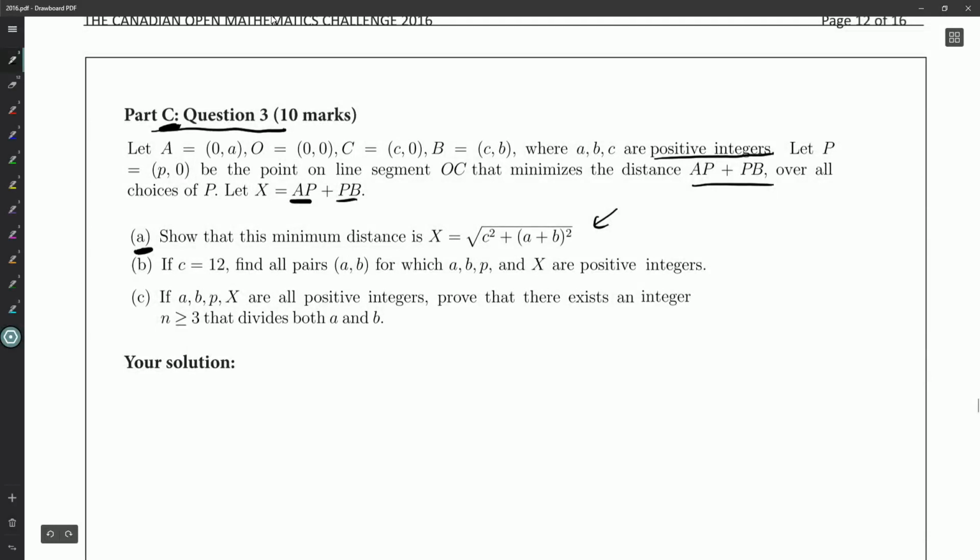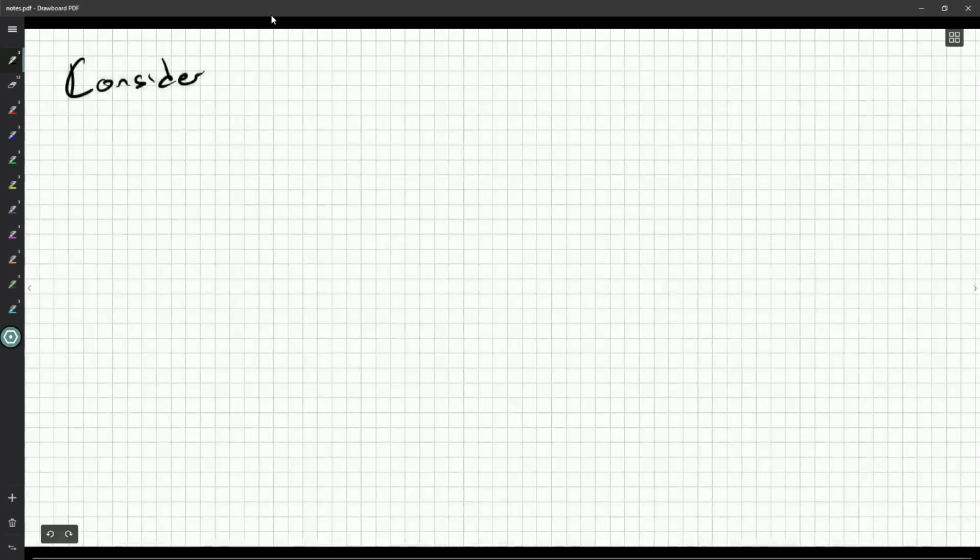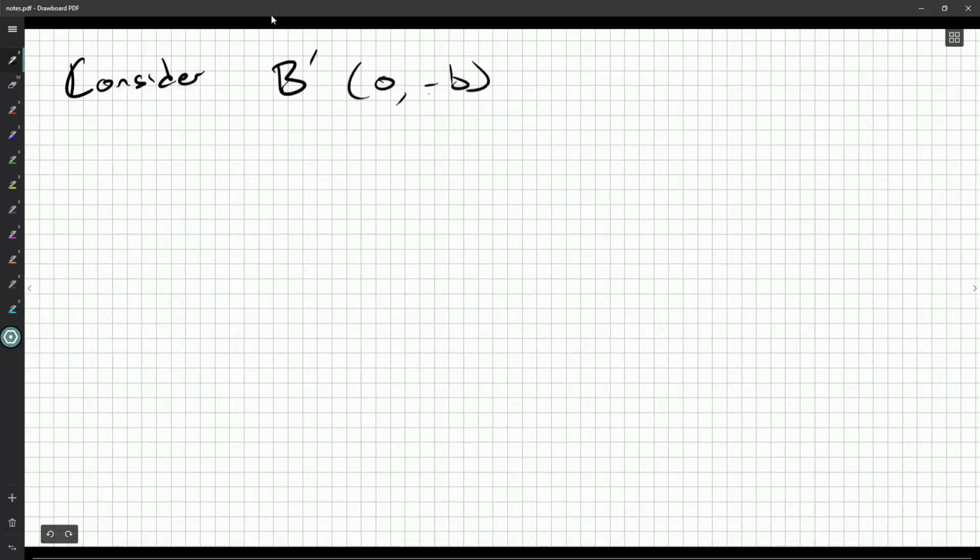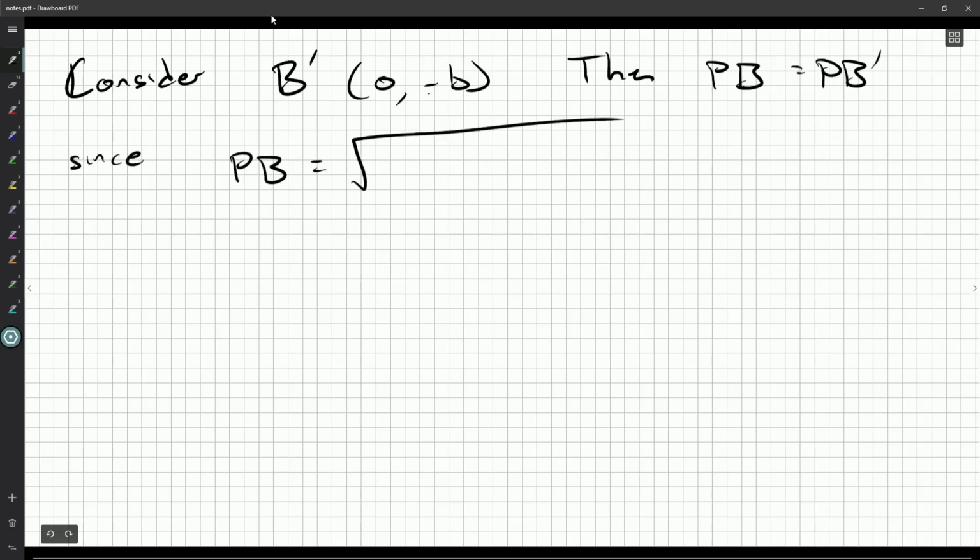Now, this is going to be for A, so I don't think it requires a whole lot of justification, but consider B prime at (0, negative b). The distance PB is equal to PB prime. And if you wanted to, you could actually use the distance formula here.